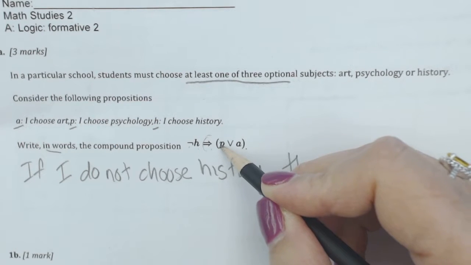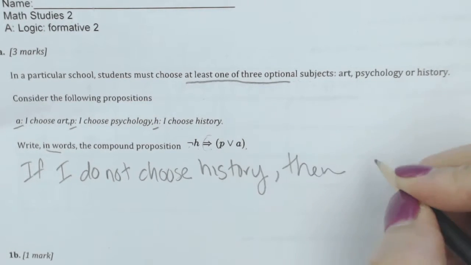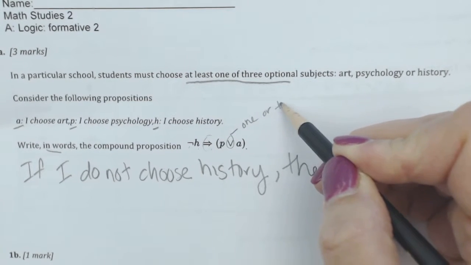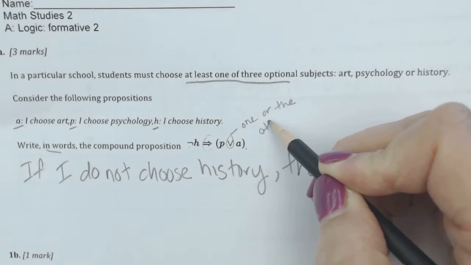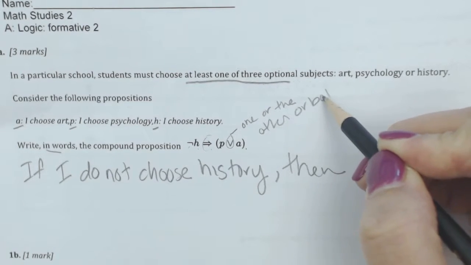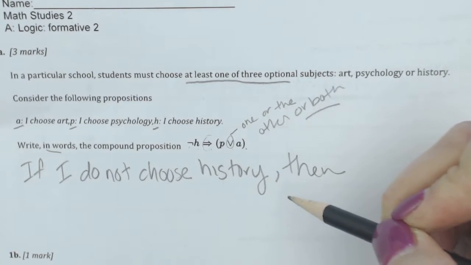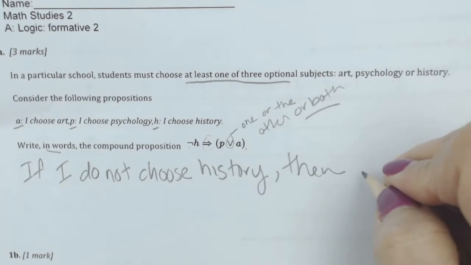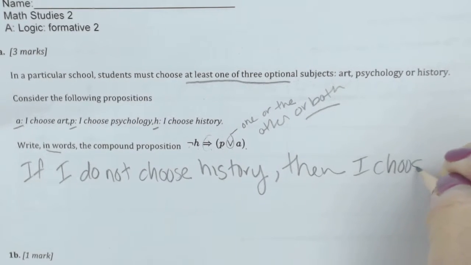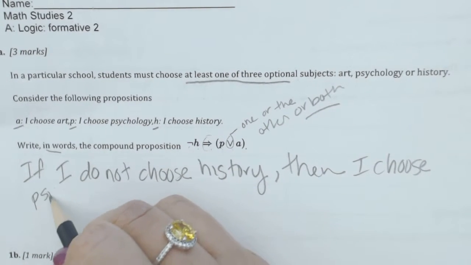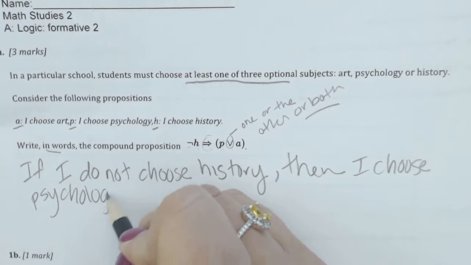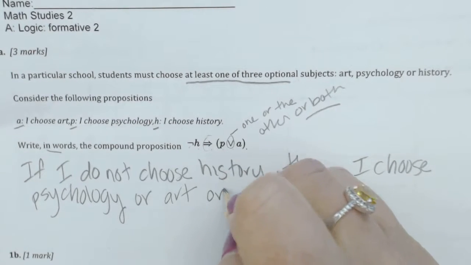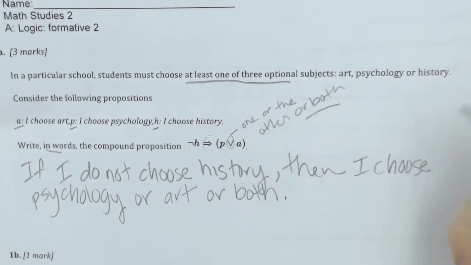Let's do our P or A. This "or" here is one or the other or both, so this is the inclusive or. We have to be careful with that. P is choosing psychology, or A is art, or both, because remember, I'm including it.